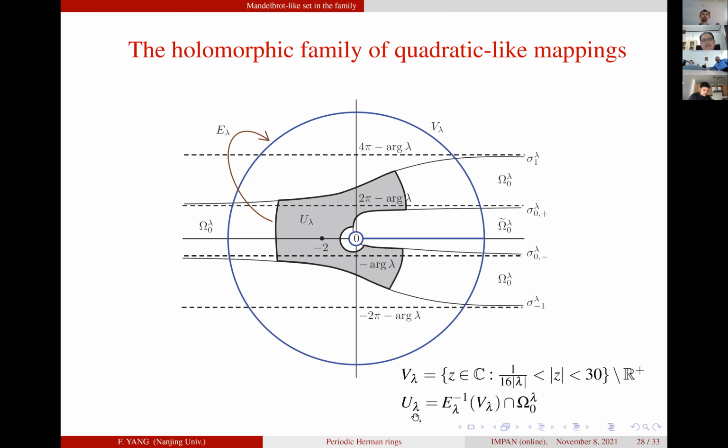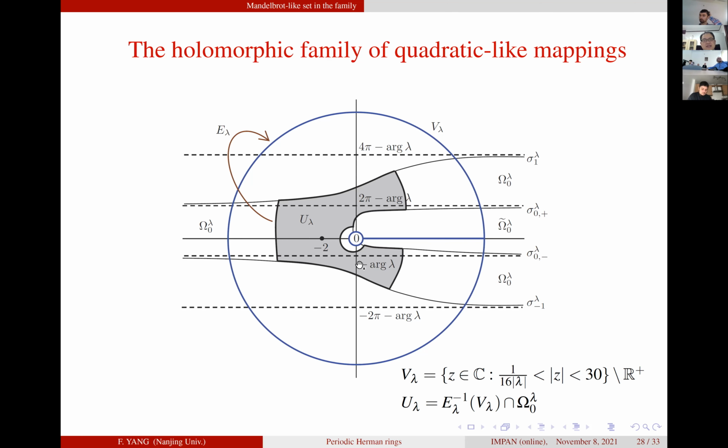And this is V_lambda. V_lambda is defined like this: it is an annulus defined by the positive real line, and V_lambda depends on lambda. And then you take the pre-image, you obtain several pre-images, but you choose a suitable pre-image here, and we can prove the pre-image is compactly contained in the domain V_lambda.